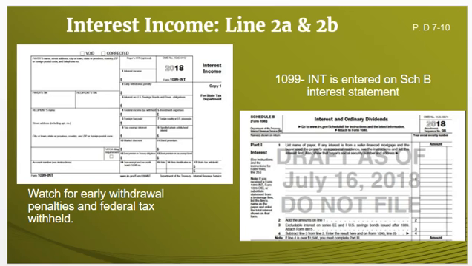A similar form that we could see is a form for interest income. It's called a 1099-INT. Again, this form is going to come, and we want to keep in mind that what is reported on the W-2, the 1099-T, and other forms is also reported to the IRS.